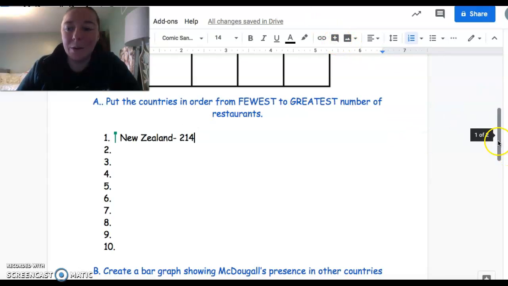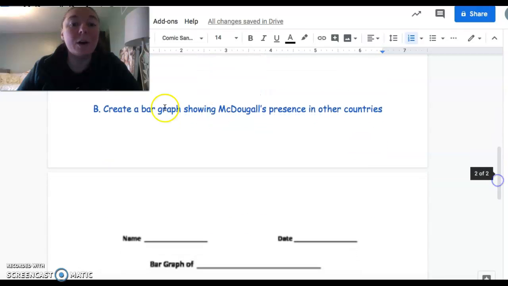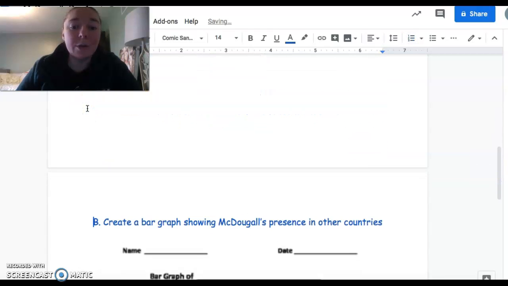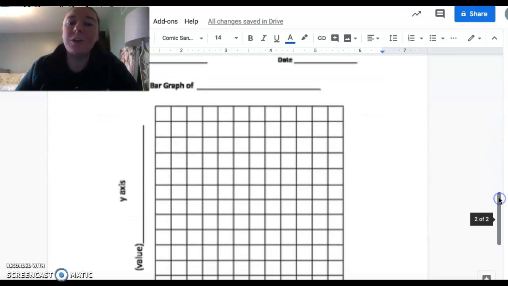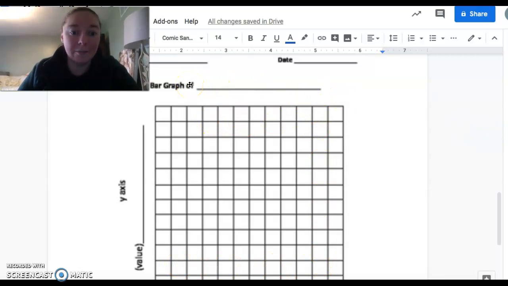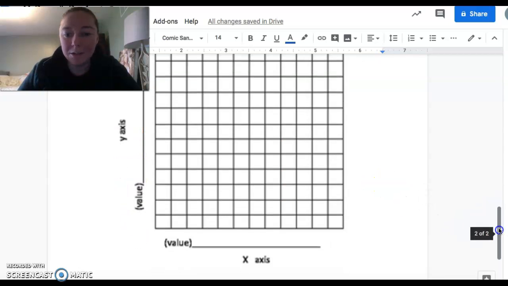Okay, now it's time to create a bar graph showing a McDougall's presence in these countries. So on your inquiry sheet, you just have a blank grid, but every bar graph needs a title. We need to know what we're counting by, and we need to know it's actually being counted.